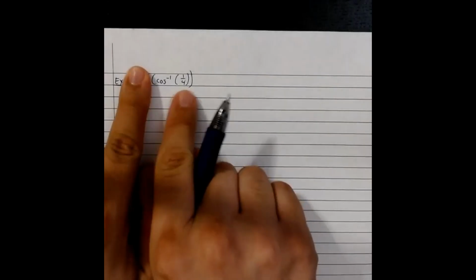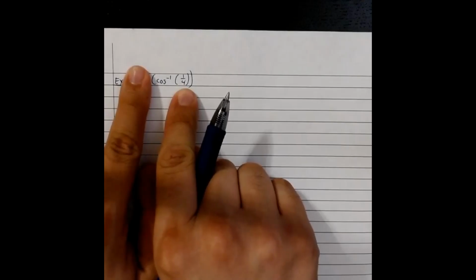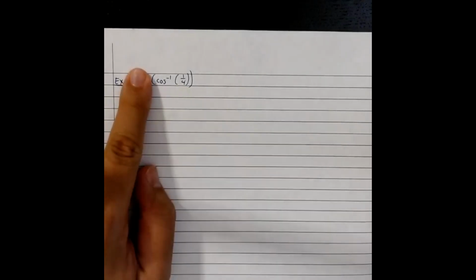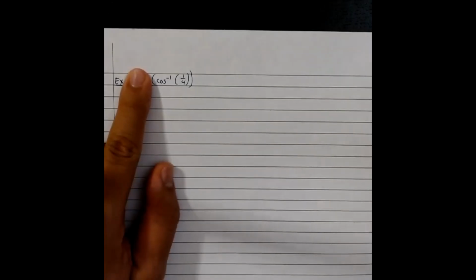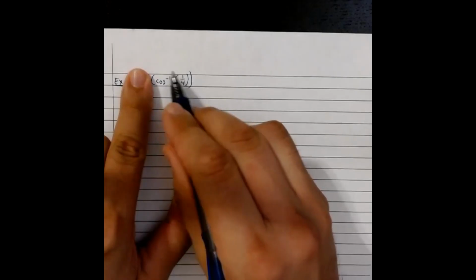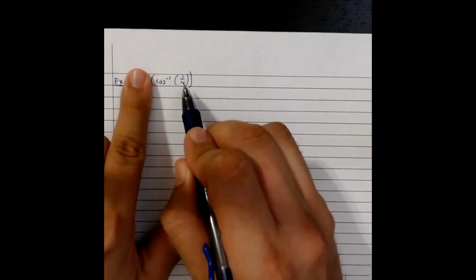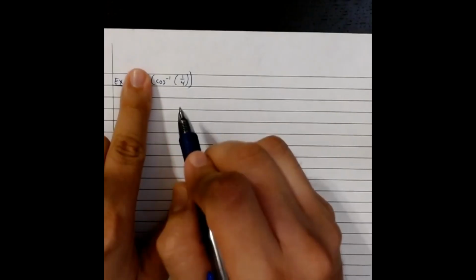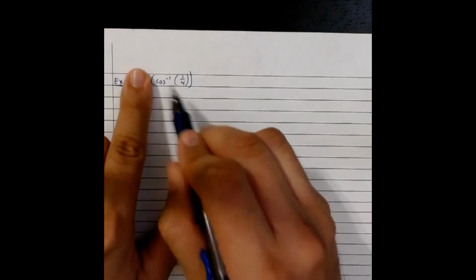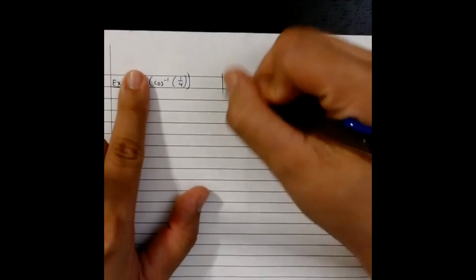Well, let's start off with looking at just the cosine inverse of a quarter. Forget about the sine. We'll get to that later. You say, okay, so what? We're going to have to compute cosine inverse of a quarter? That sounds hard. Well, no, we're not going to compute it, at least not directly. What we're going to do is represent it a different way. The cosine inverse of a quarter is an angle.